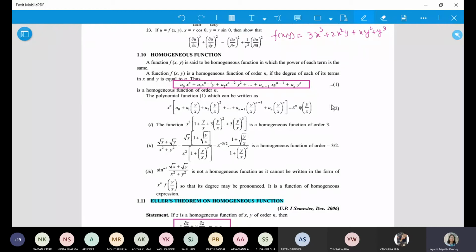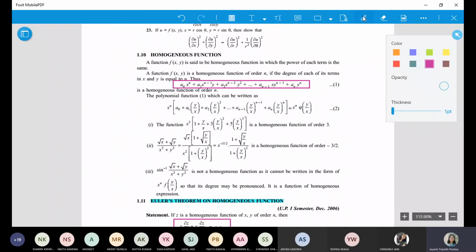Understood? How do we write it? Whenever you have a homogeneous function, there is a way of identifying it. What we do, just check this. The polynomial function 1 is a homogeneous function of order n. If you take out x to the power n, just see, what you are getting? a0, a1 y by x, a2 (y by x) square, and so on.